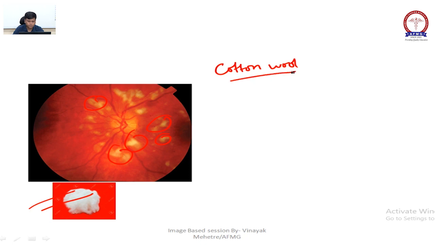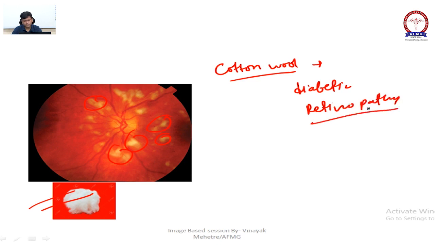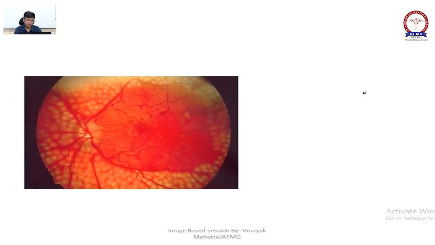It looks like cotton wool. It is seen in diabetic retinopathy. Cotton wool appearance is seen in diabetic retinopathy.